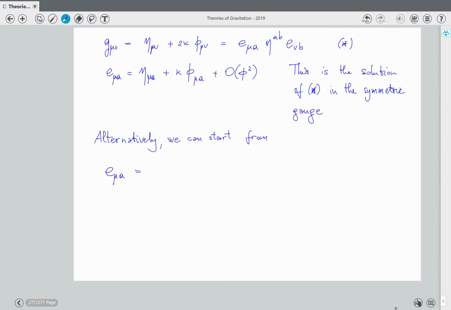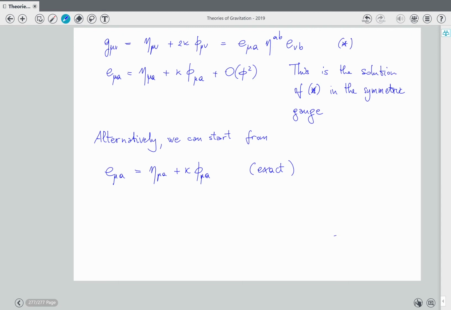So redefine the expansion around flat space. If this is the expansion around flat space, we do not know anything about phi_mu^a. It could be not necessarily symmetric, it should not be.